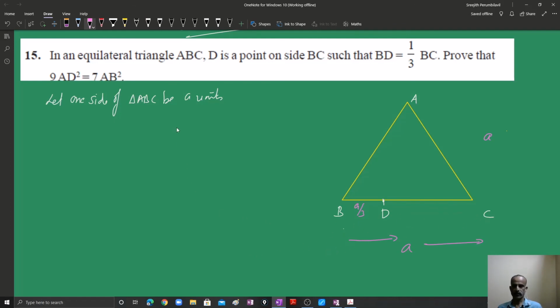The remaining is 2A by 3. D is a point on that. Prove that 9AD square is equal to 7AB square. Expression is strange, we will do it. We will just draw a perpendicular also.